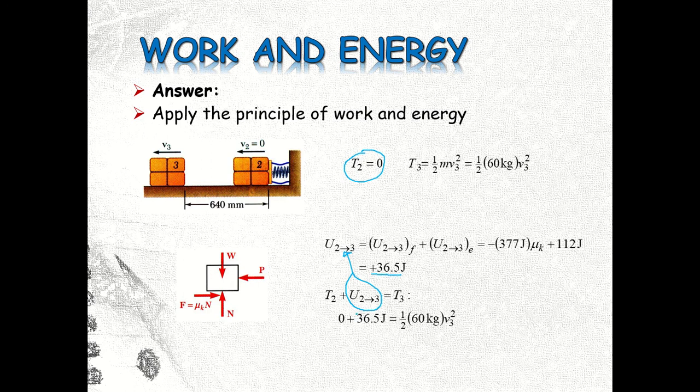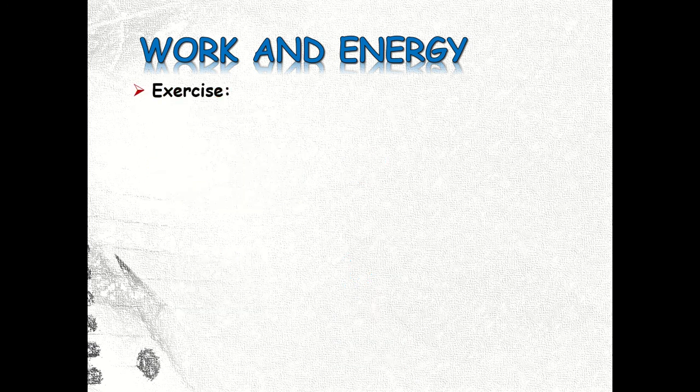Substituting, T3 is 1 half times 60 times V sub 3 squared. From here we can solve for V sub 3, that is equal to 1.103 meters per second. Okay, so this is the solution to this third problem.